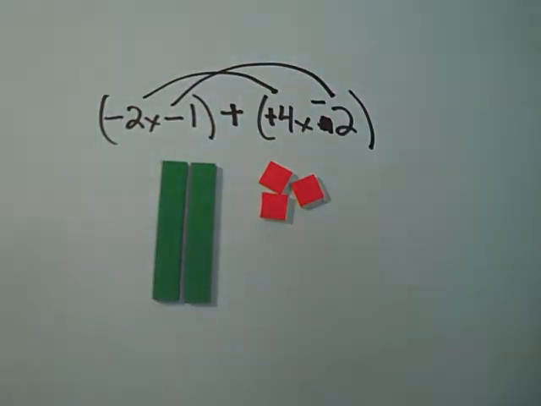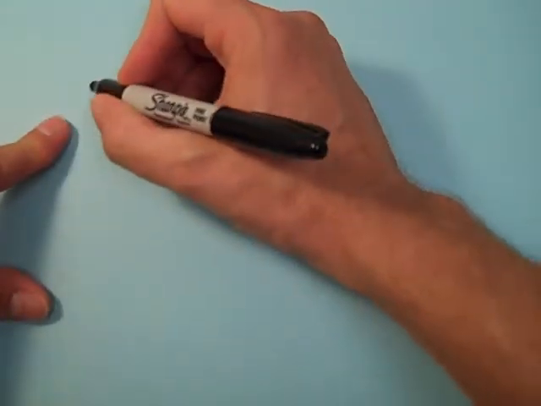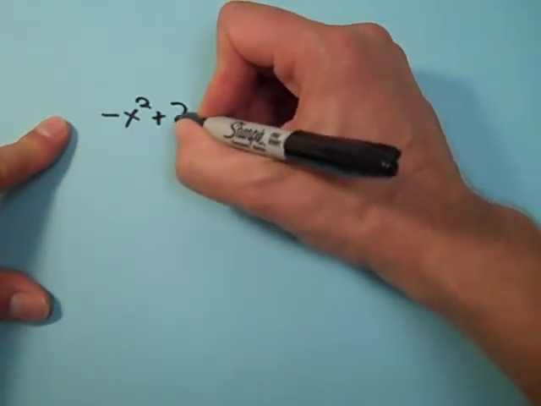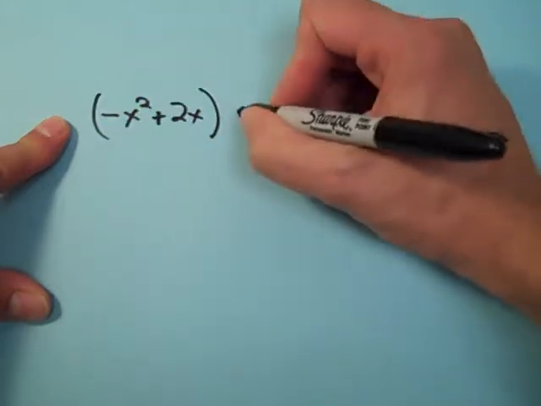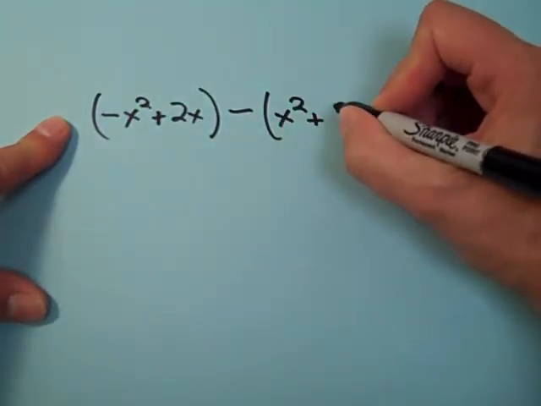Let's take a look at one more example. Let's get rid of you guys, and bring in a fresh sheet of paper. Okay, so here we go. Why don't we get the x squared involved? It's feeling a little jealous here. So let's do negative x squared plus 2x, and let's subtract from that x squared plus 4x.